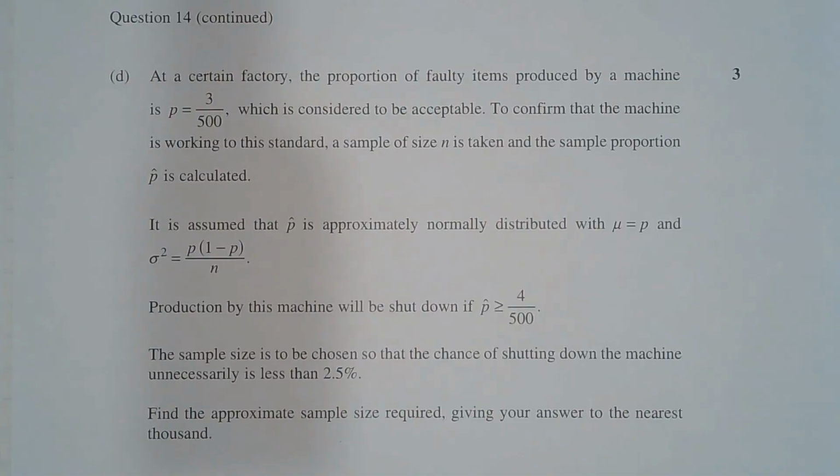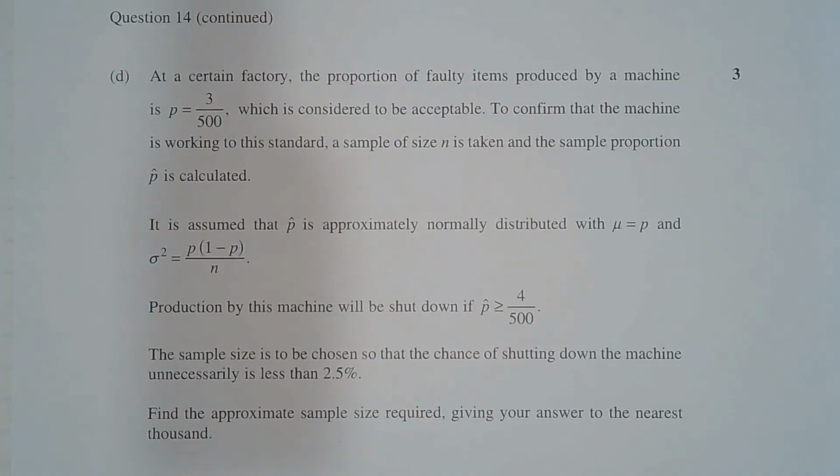Question 14D. At a certain factory, the proportion of faulty items produced by a machine is P equals 3 over 500, which is considered to be acceptable. To confirm that the machine is working to this standard, a sample of size n is taken and the sample proportion P hat is calculated. It is assumed that P hat is approximately normally distributed with mu equals P and sigma squared equals P multiplied by (1 minus P) over n.